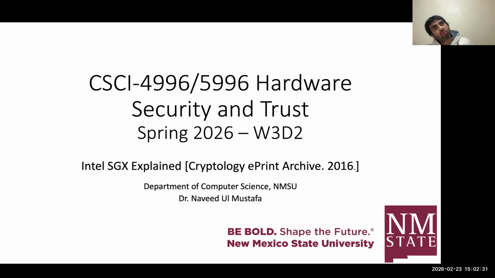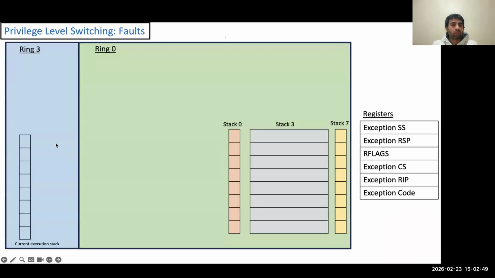However, before that discussion of the reorder buffer, we were talking about privilege level switching, and one thing in that context was how faults are handled, right?